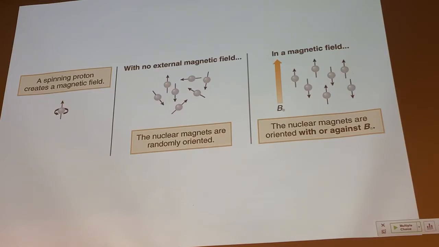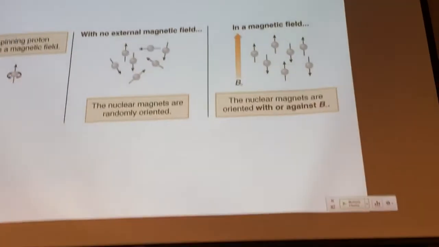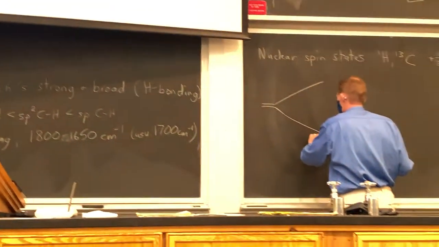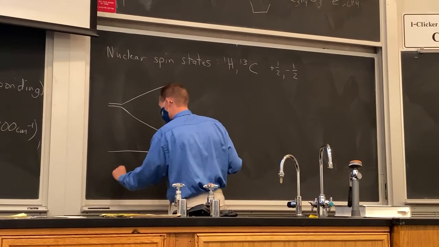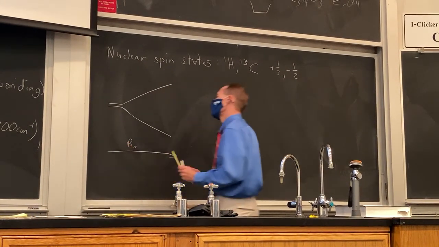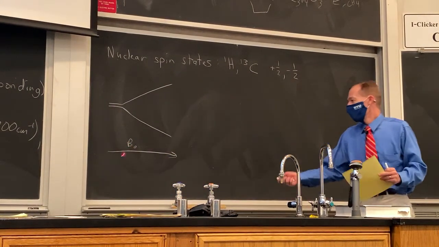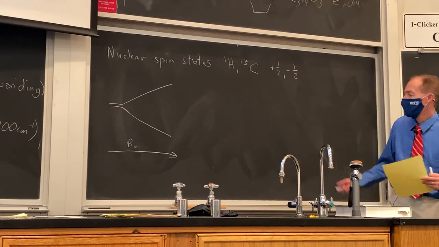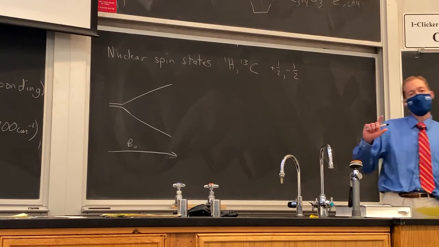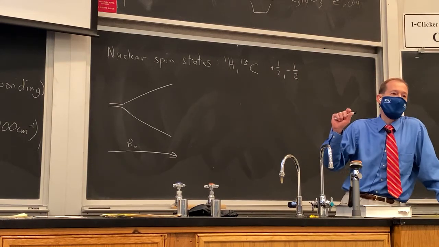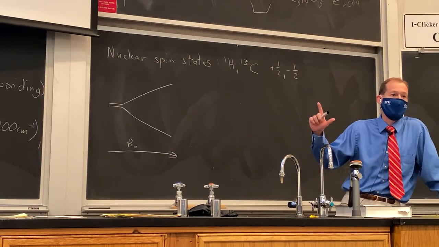So the next diagram I'm going to draw is very important for understanding the concept of NMR spectroscopy. What we have here are the 2 nuclear spin states. And as we increase the applied magnetic field, the difference in energy between those nuclear spin states also increases.